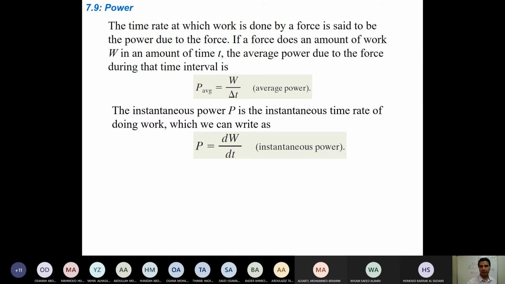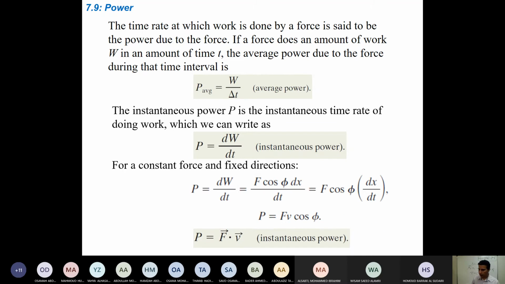So dW by dt is the instantaneous power for our case. Now in the last slide, suppose that when you are applying the push to something and your applied force was constant, you didn't change the force, and you also didn't change the direction of the displacement with respect to your applied force. The direction is also the same.